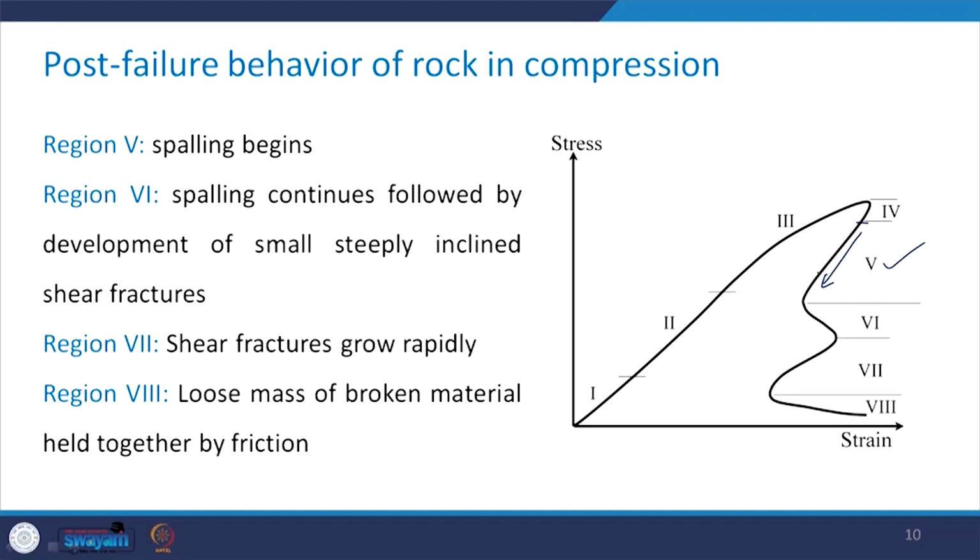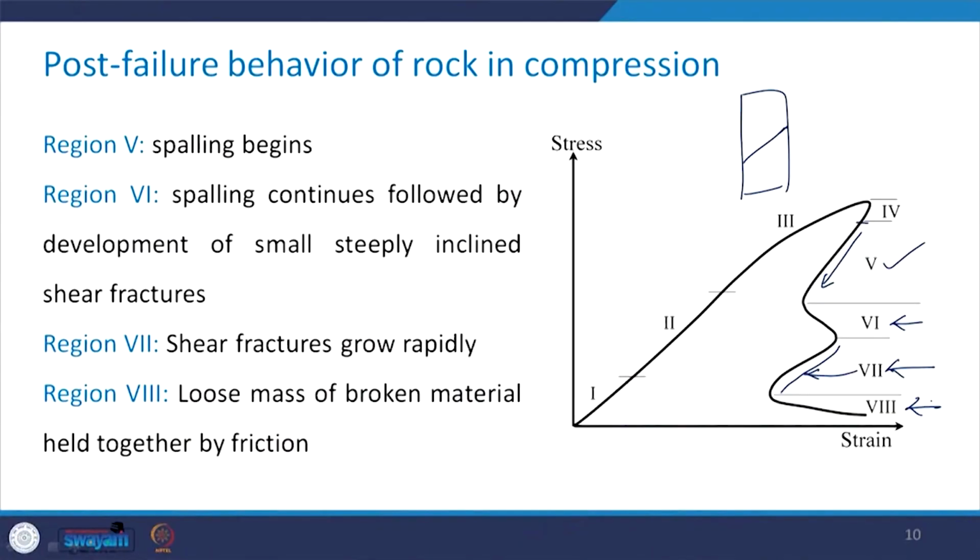So, that spalling continues in region 6 also, but it is followed by small steeply inclined shear fractures, like you see here. So, it will be like this, development of the shear fractures. And in region 7, that is in this region from here to here, the shear fractures grow rapidly, and ultimately in region 8, what you have is a loose mass of broken material, but then they are held together with the help of friction.